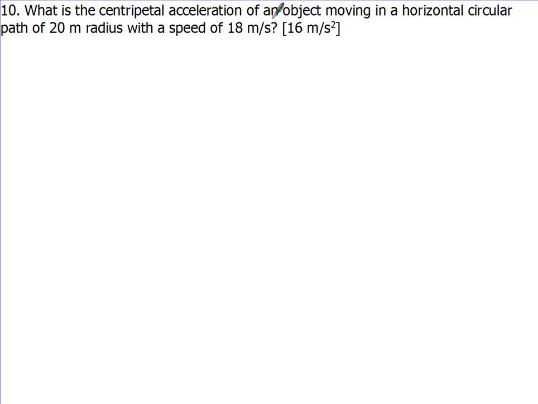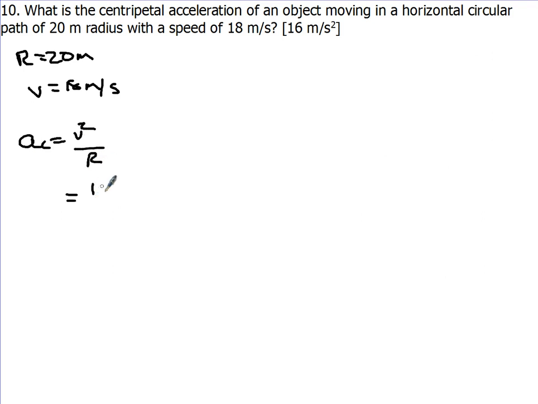What's the centripetal acceleration of an object moving in a horizontal circular path of radius 20 meters? So r is 20 meters, and the speed is 18 meters per second. All right, a_c is v squared divided by r.